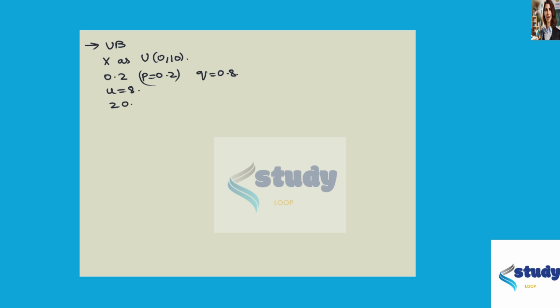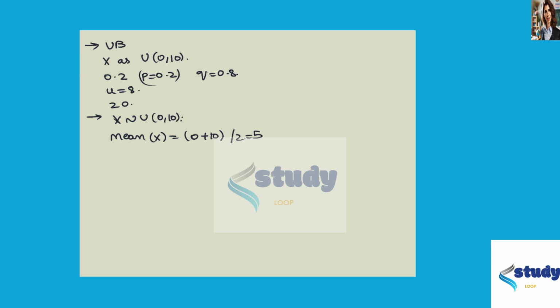Let us calculate the mean and variance step by step. In step 1, we need to calculate the mean and variance for the claim severity of X, which follows a uniform distribution with 0, 10. So the mean of X is equal to (0 plus 10) divided by 2, which is equal to 5.